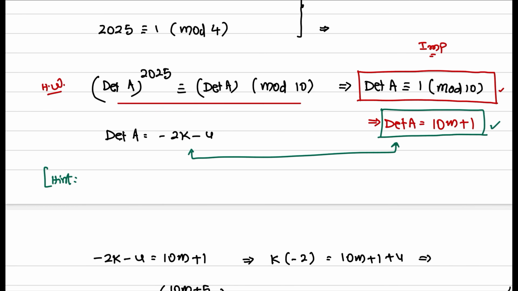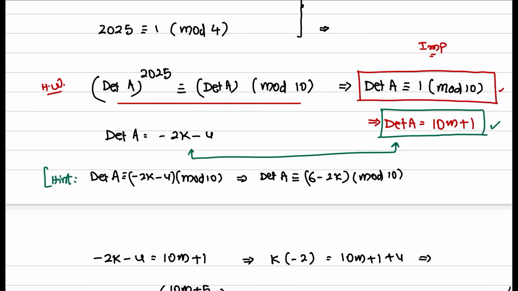Please use this hint and find out determinant A is equivalent to minus 2k minus 4 mod 10. This implies determinant A is equivalent to 6 minus 2k mod 10.